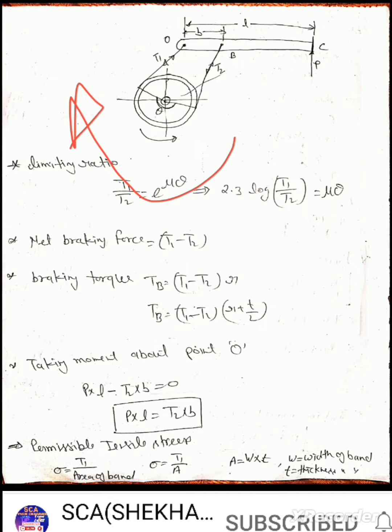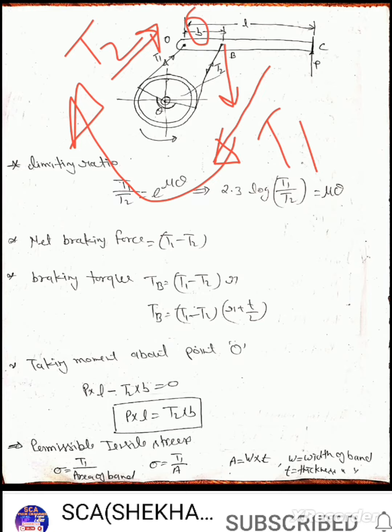So the band enters from this side, so this side will be T1, and it leaves from this side, which will be T2. So the second couple in the previous case was T1 into B.